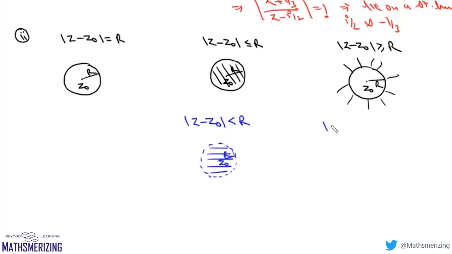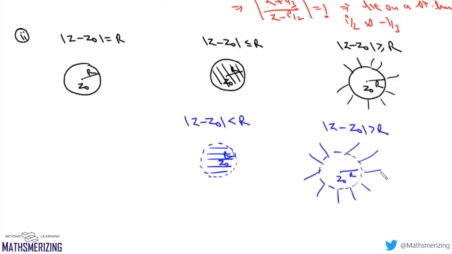And in the same way, we can write it for mod of z minus z0 is greater than r. So again, we won't include points on the circle. So it will be this dotted circle, center z0, radius r, and it will be simply points lying outside this circle. So that's our second important locus.